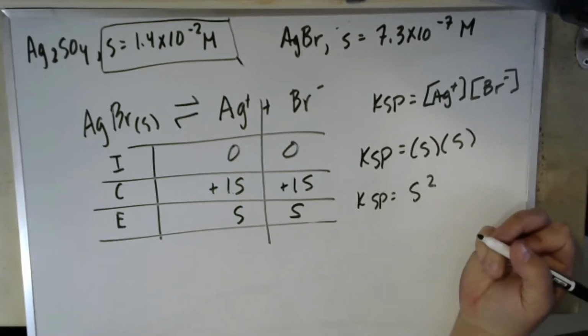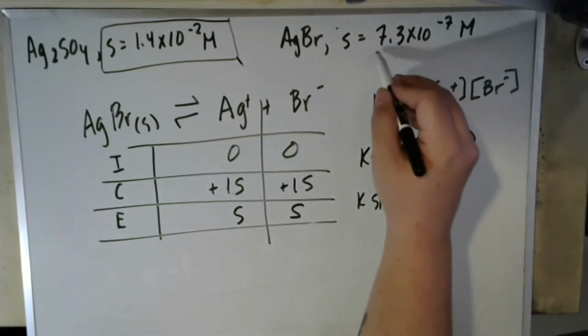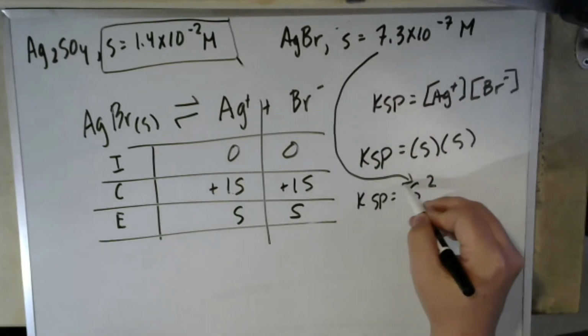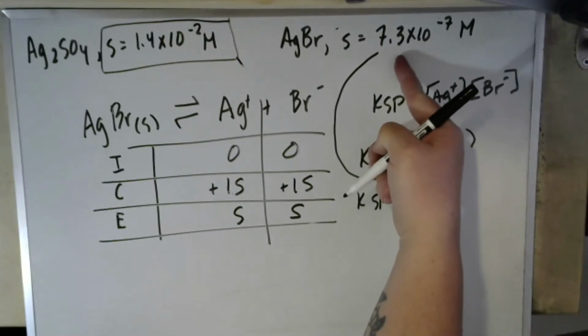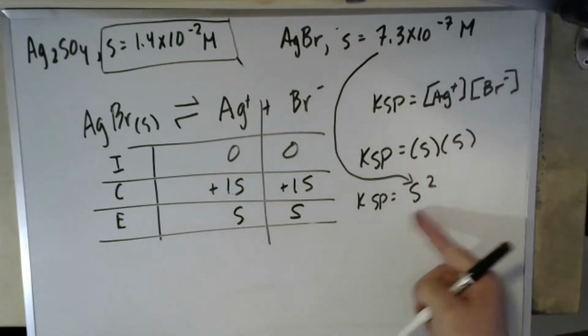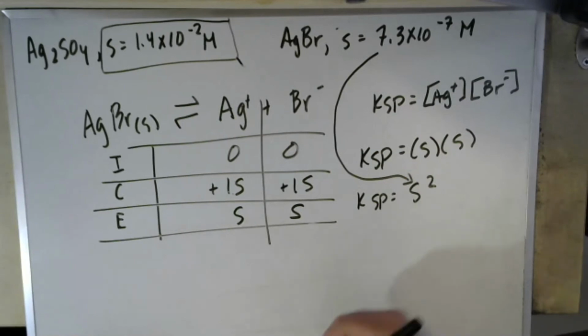Okay, so finally, we don't have a 4s cubed. But to solve it, we're going to do the same thing. We're going to substitute the molar solubility value that they gave us into our equation. We're going to solve for KSP.